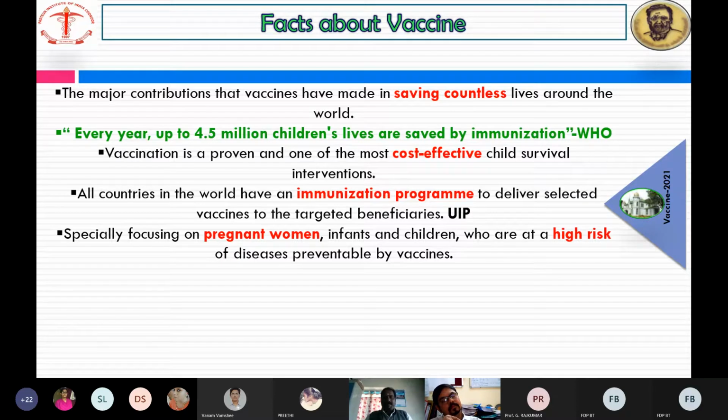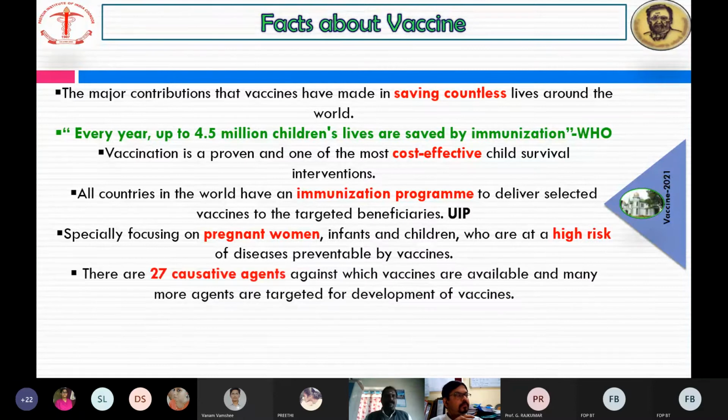After the newborn baby arrives, the baby is also covered with BCG, mumps, measles, rubella, and different kinds of vaccines you can see later, for those at high risk of vaccine-preventable diseases. That is India's own program, previously called EPI.